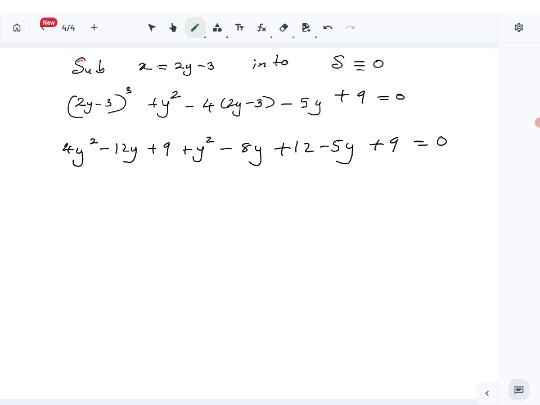So let's see, is there anything we can cancel? No. 5y squared minus 25y plus (9 plus 12 plus 9) 30 equals 0.